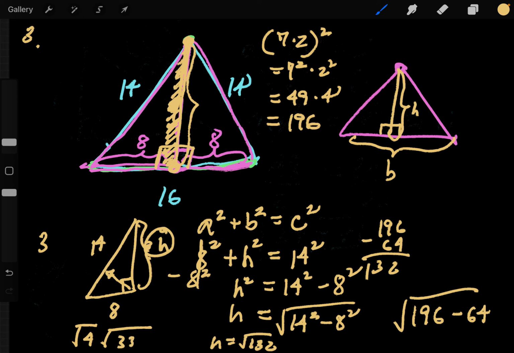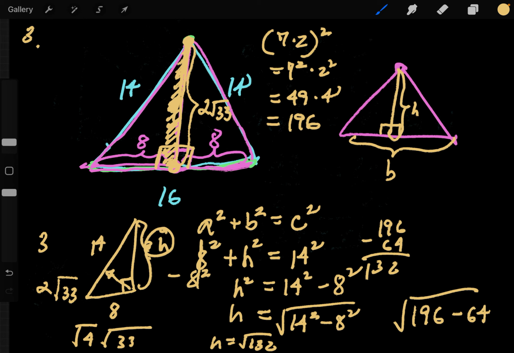Then 33 is 3 and 11, and that doesn't help, so it's 2 square root 33. So this length is 2 square root 33, if I did that right, which I'm debating right now. 4 times 30 is 120, plus 12 is 132. Yes, 33 is 3 and 11, so there's nothing else.